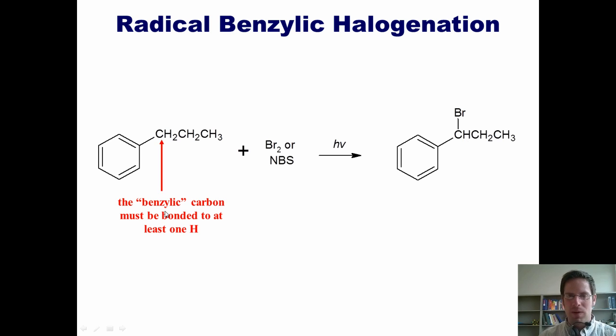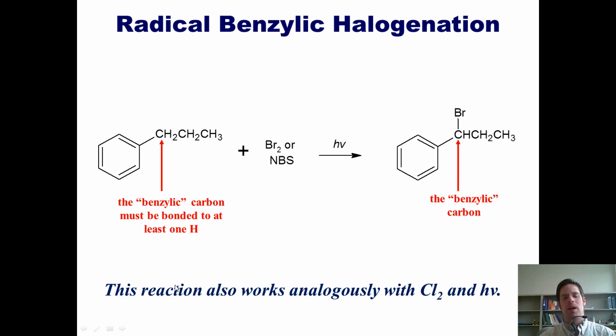I have to point out, as my song went earlier this semester, that this position that's immediately adjacent to the benzene ring is called the benzylic carbon. In order for this reaction to work, the benzylic carbon has to be bonded to at least one hydrogen. If so, it will place a bromine on that position, replacing one of those hydrogens. If the benzylic carbon is not attached to at least one hydrogen, it will not place a bromine on that carbon.